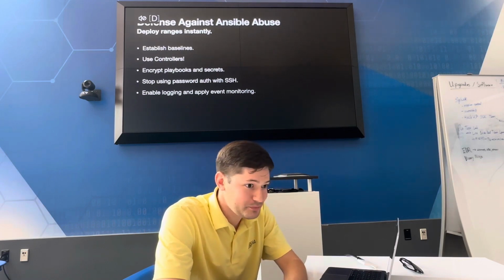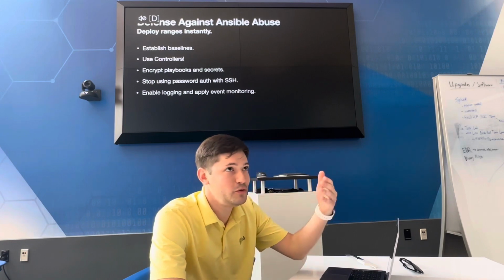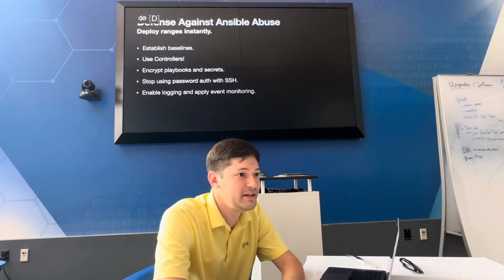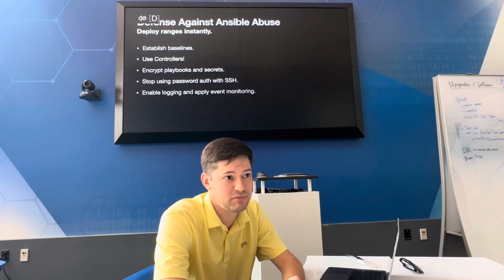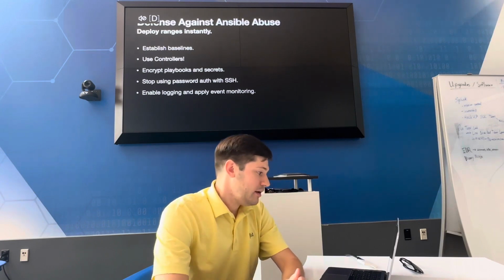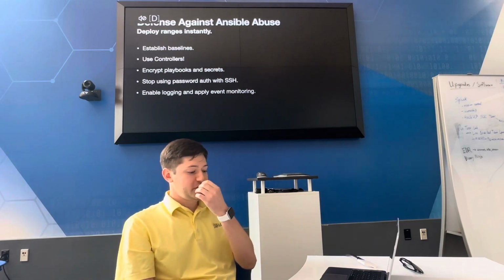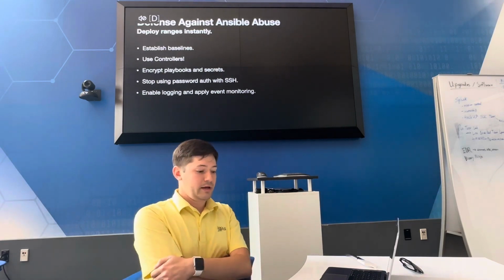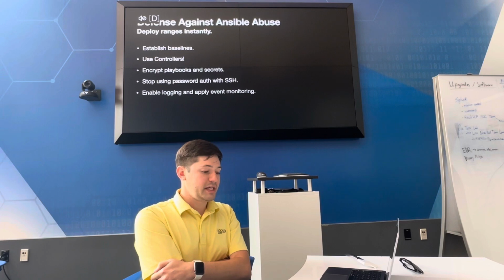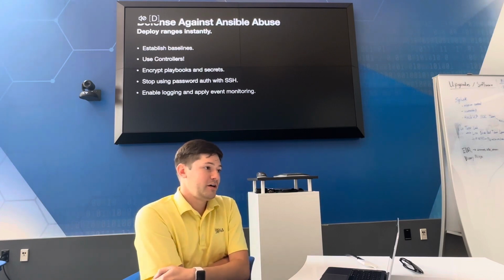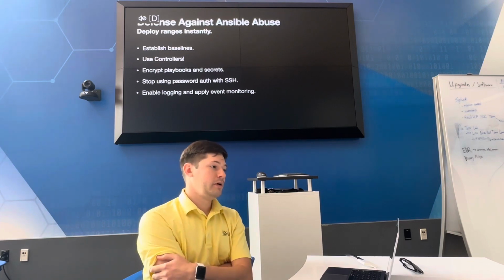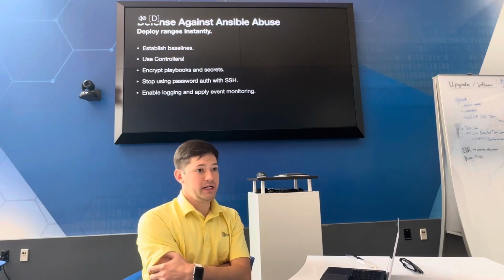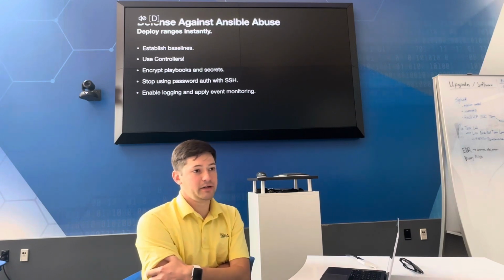Enable logging and make use of users so that people who aren't privileged can't see those logs. So this way you can solve the secrets spilling out problem. And use event monitoring. Just like everything else, those configuration changes are being carried out, so they will show up on EDR as things happening on the host.